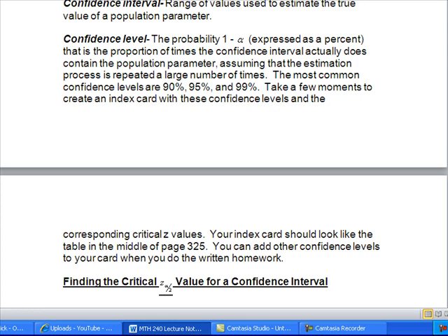The most common confidence levels are 90%, 95%, and 99%. So you may want to create an index card with these confidence levels and the corresponding critical Z values.